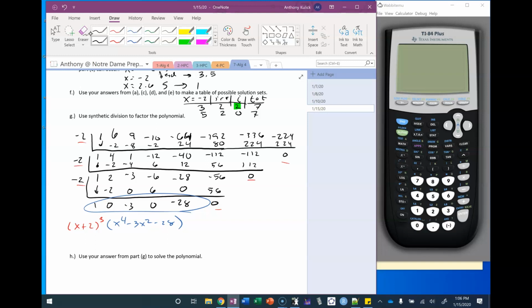I can't use synthetic division to get at it, but I can use my factoring tree. So what do I have that multiplies to give us -28 and adds to give us -3? -7 and +4.